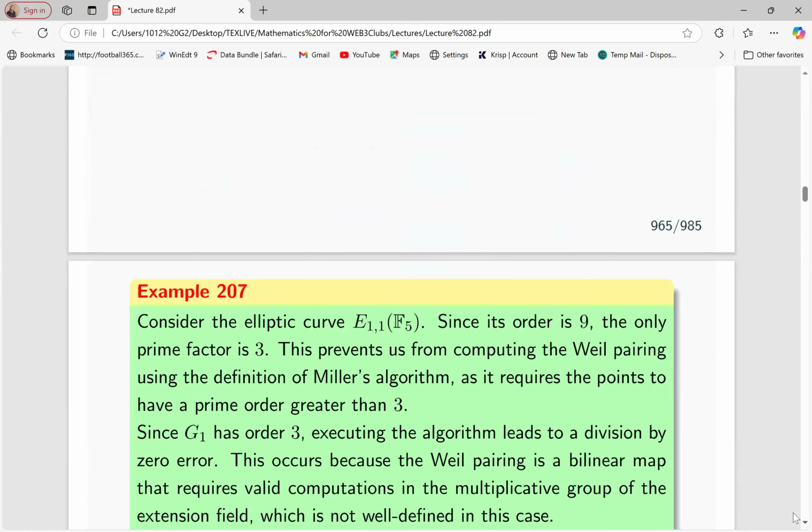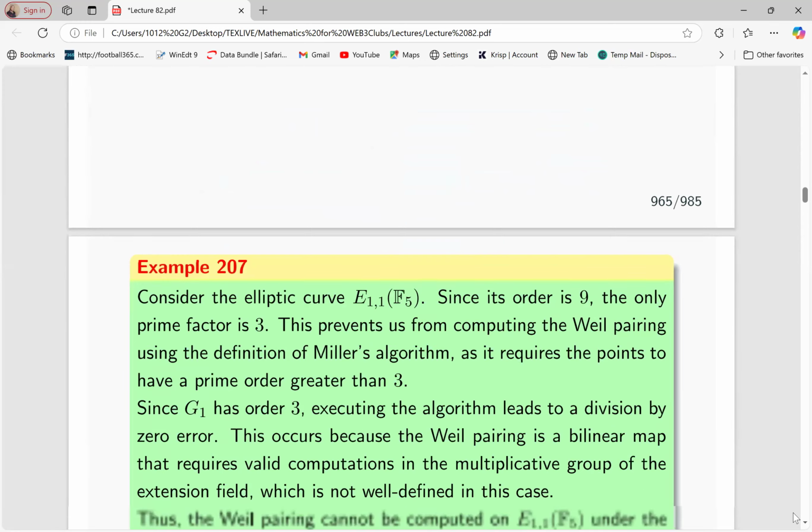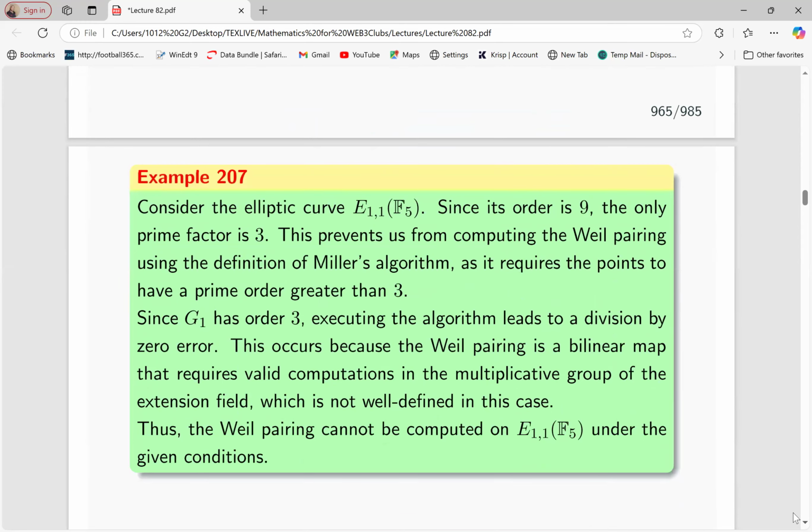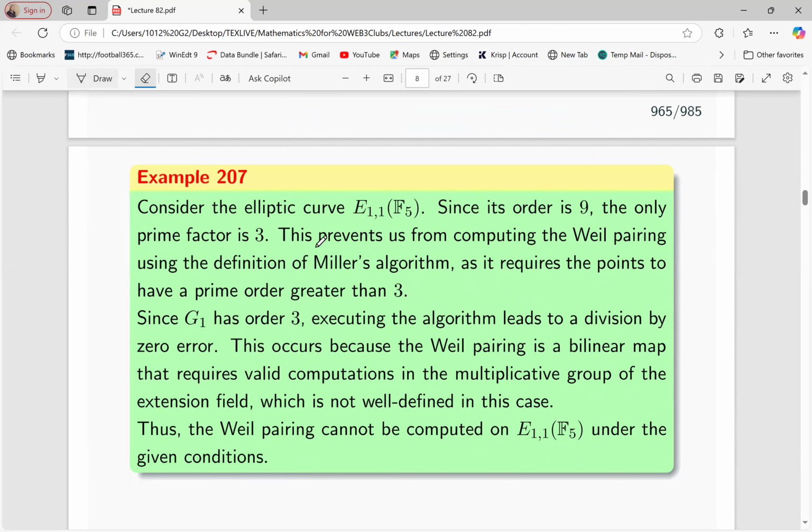Now let's look at an example of a Weil pairing, so that we look at the code that does Weil pairing, and we look at the first example. This example, we had already talked about it. This is the elliptic curve: y squared is x cubed plus x plus 1.